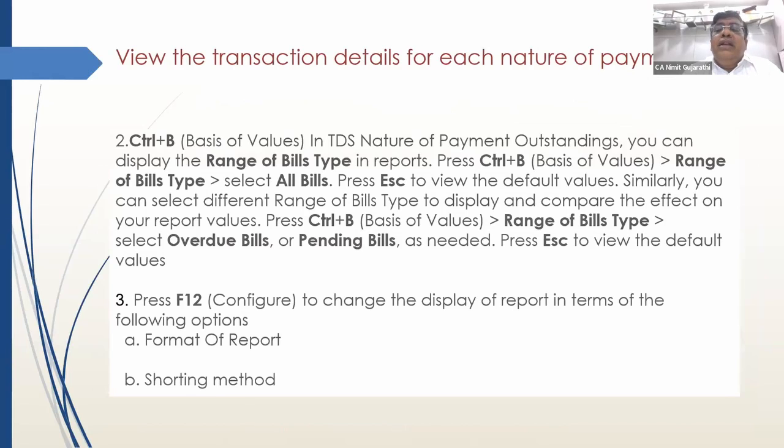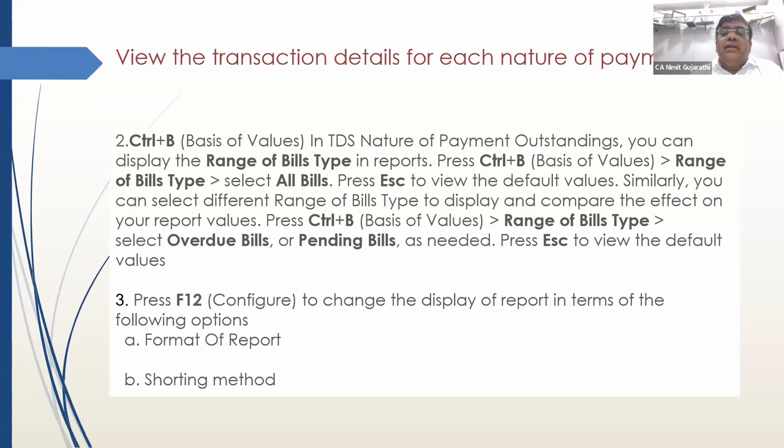You can display the range of bill, report control B, range of bill type, all bills. This is how the various filter functions work, and you can sort this. I will share this; you can take a screenshot of this for your future reference.